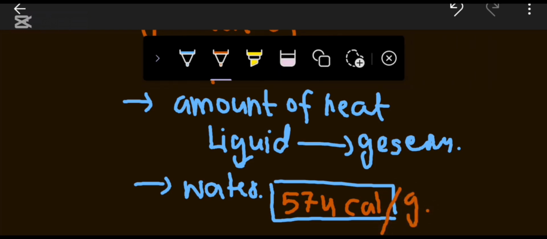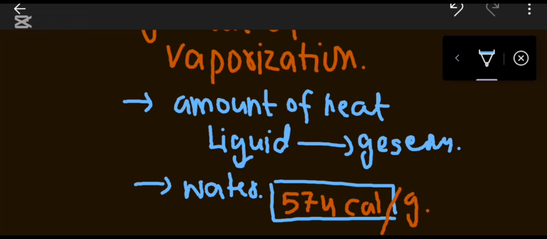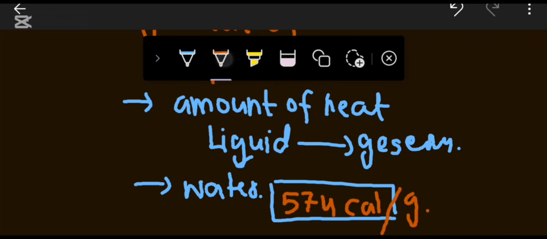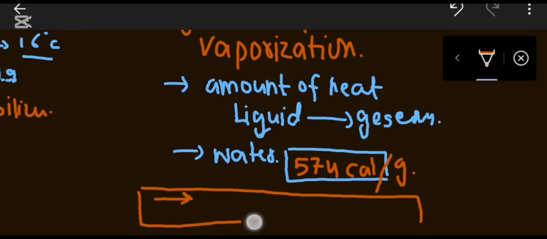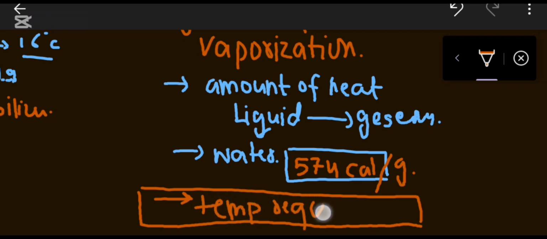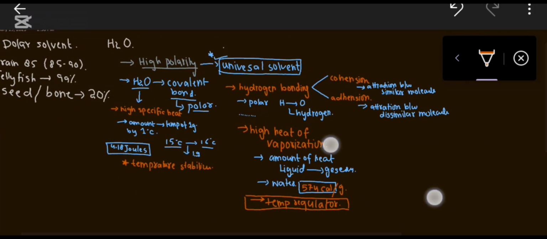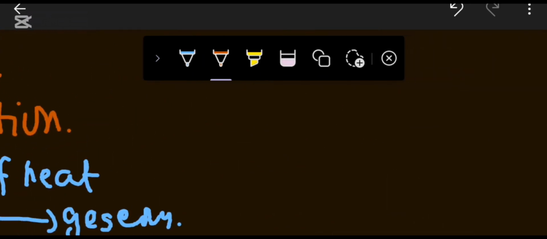And one more question can be asked from this: high heat of vaporization is also known as basically a temperature regulator. Fine.